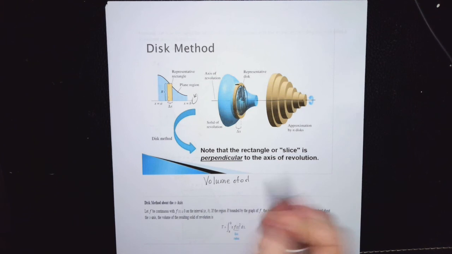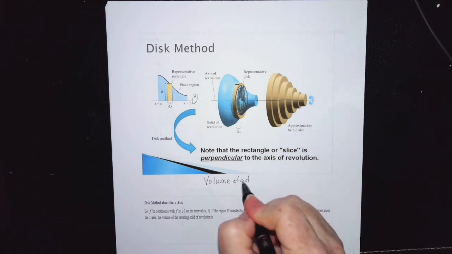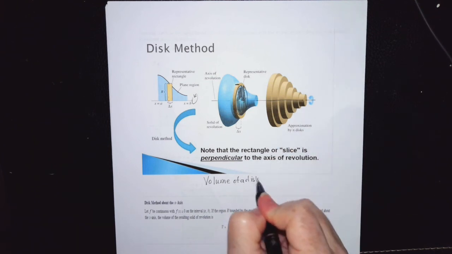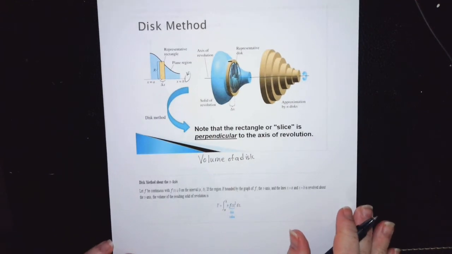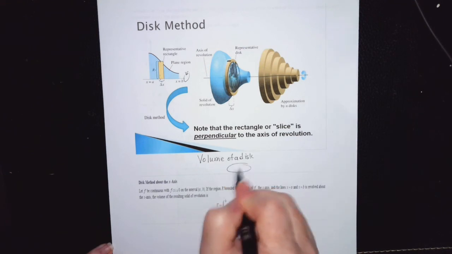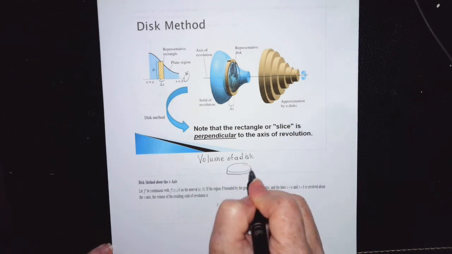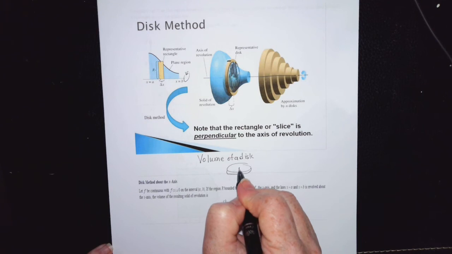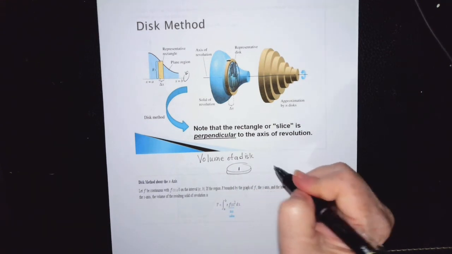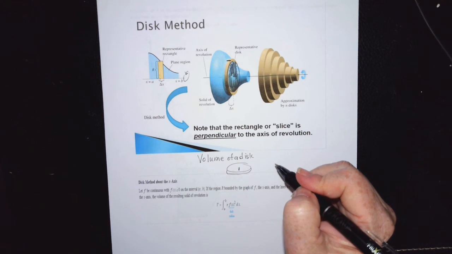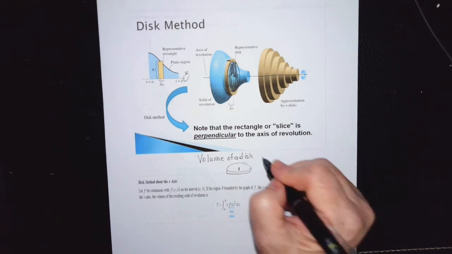Now remember, a disc is really just a circle, a three-dimensional circle, right? So when you find the volume of a disc, basically you have a circle that has a thickness or a height to it. So if we could figure out the area of the circular part and multiply it by the thickness, we'd have the volume of the disc.